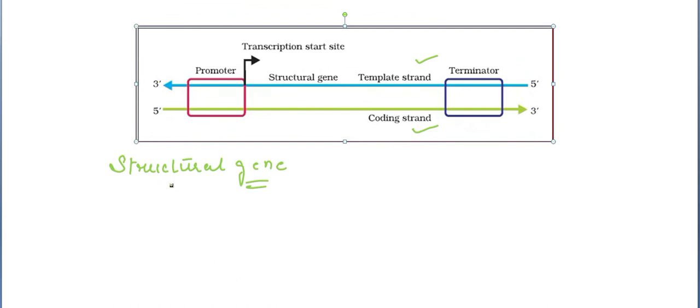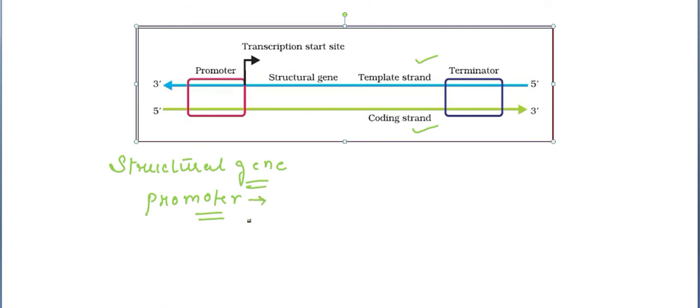Now we have discussed the polarity of the template strand and the coding strand. You know, it is the position of the promoter region which determines the strands.